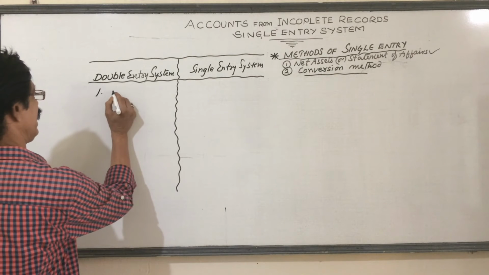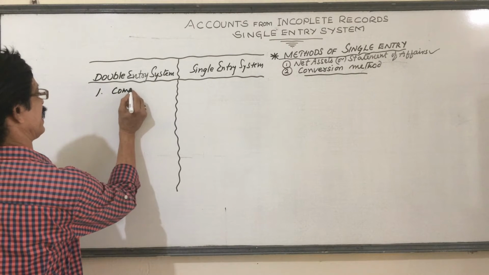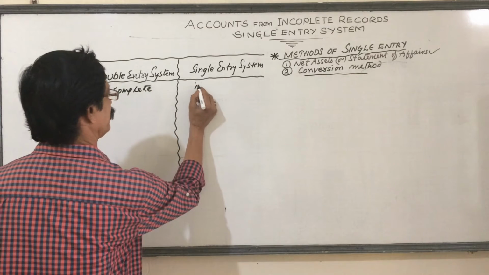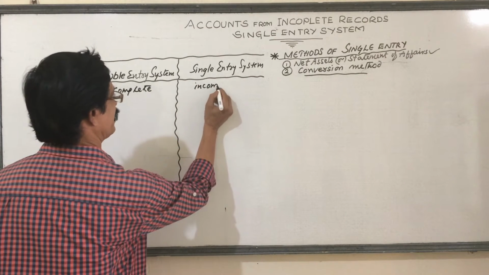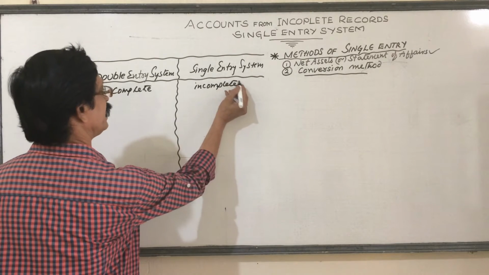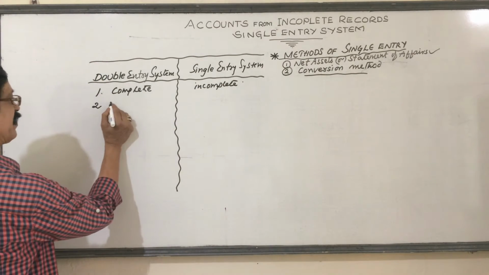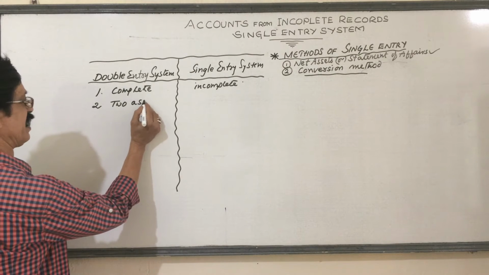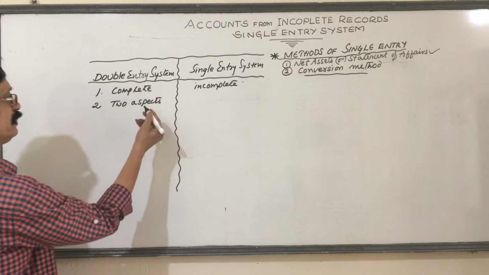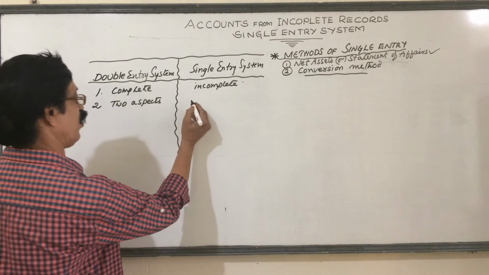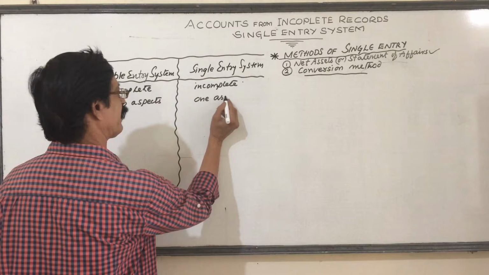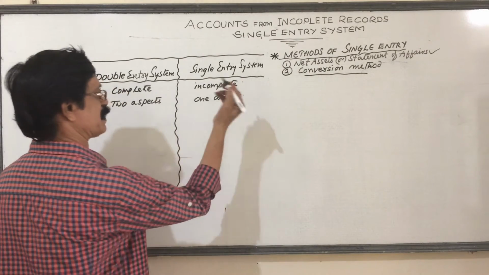Understanding? Here, a complete record of transactions. Here, an incomplete record of transactions. Here, two aspects of every transaction are taken into account. But here generally only one aspect is taken, sometimes we take two aspects.